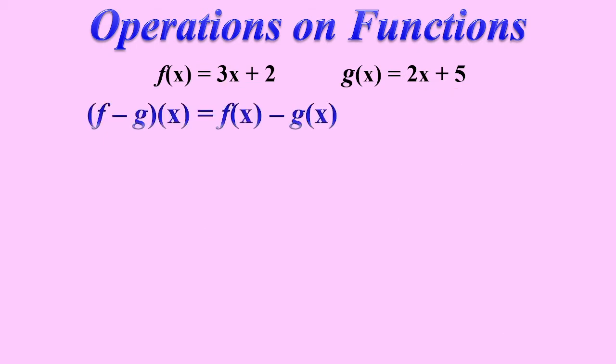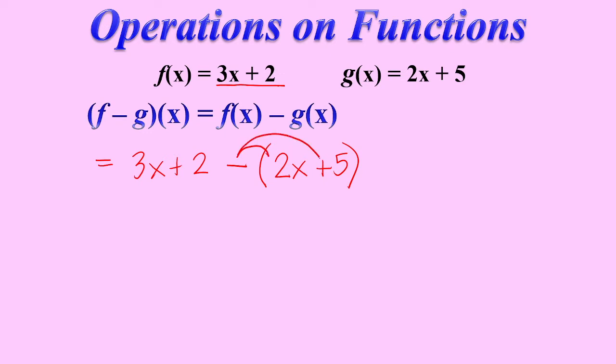Sunod, anhi ta sa subtraction. So meaning, akong i-minus diay, kining f, 3x plus 2, i-minus na ko, kining g. Importante na naay parenthesis. So take note ha, basta minus, magbutang tag parenthesis. Kay ano man, ato man i-distribute ang negative sign.